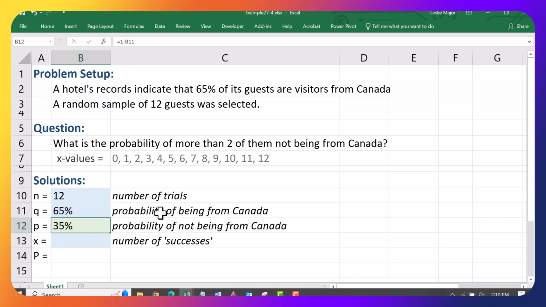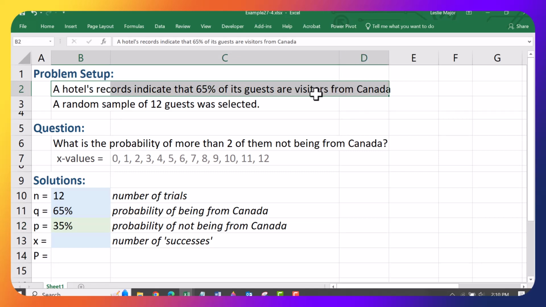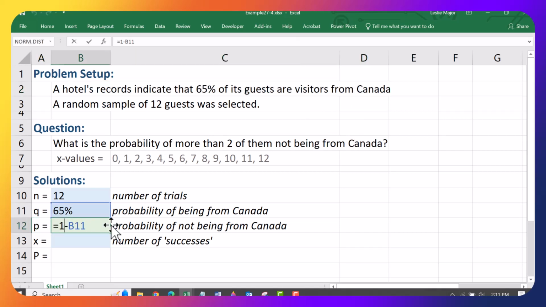So we have to be careful there. It's just a little bit of a trick if we switch up the story a bit, where we give you the probability of the visitors being from Canada, but then ask about the probability of the ones who are not from Canada. So again, that will be 1 minus the 65%, giving us a p of 35%.